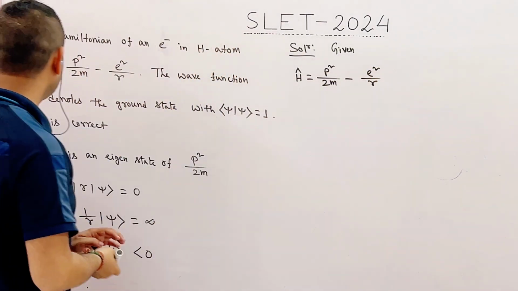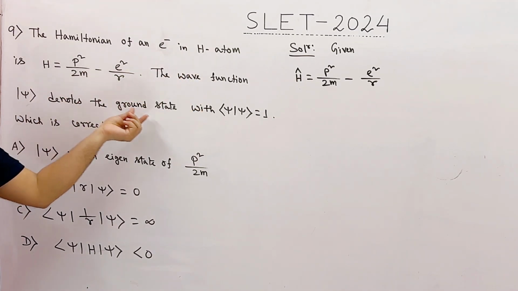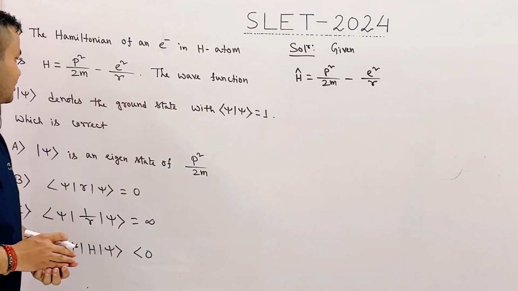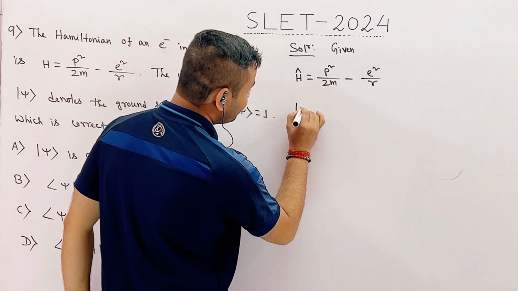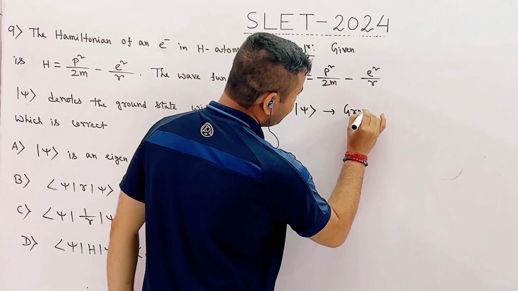Again, this problem says that the wave function psi denotes the ground state wave function with this condition. That means, according to this problem, psi represents the ground state wave function.